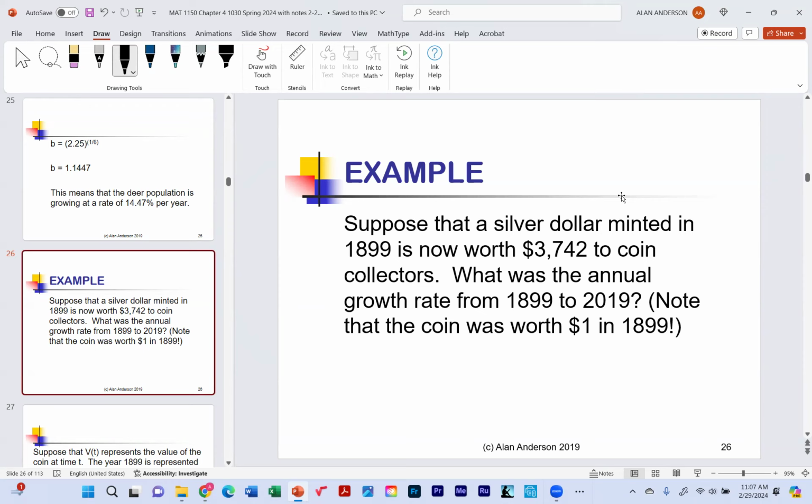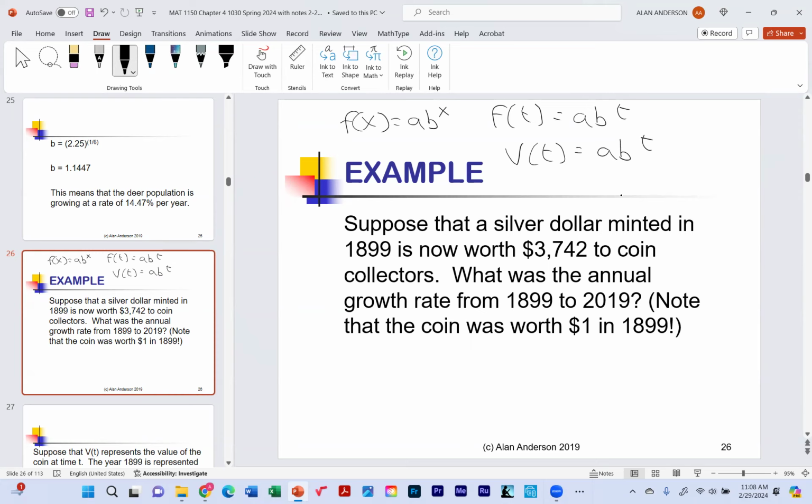So what do we know? Again, we're going to assume exponential growth. We're assuming that t is the independent variable. And this time we're going to use the letter V to represent value. Instead of N, which represents the number of deer, we're going to use V, which can now be used to represent the value of the silver dollar.